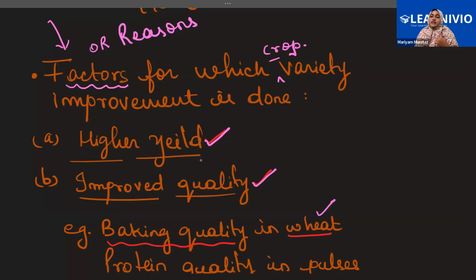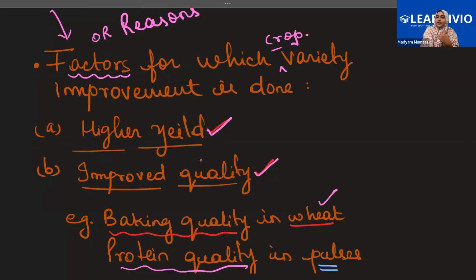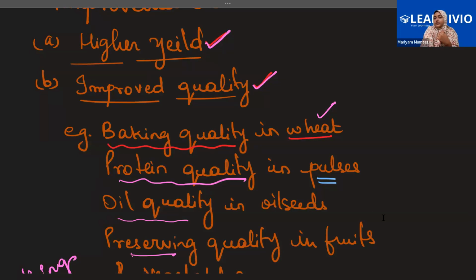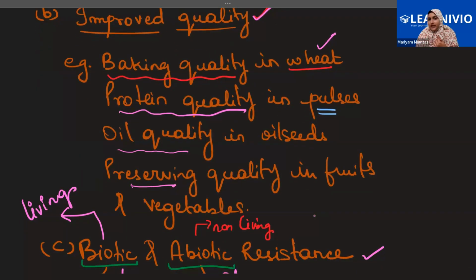What is the reason for it? So the first one is that we need a higher yield, we need an improved quality of the product. Then, for example, if there is a wheat plant, we need the wheat plant to have a good baking quality. In the pulses, good protein quality is required.